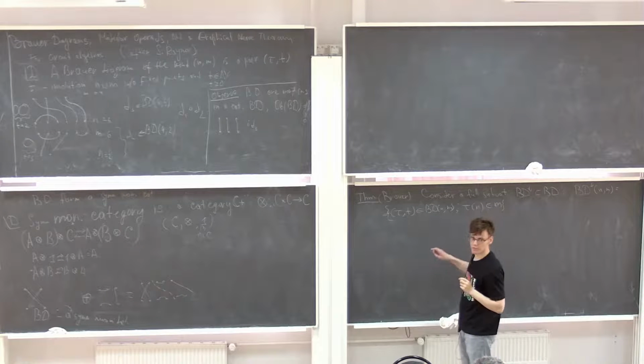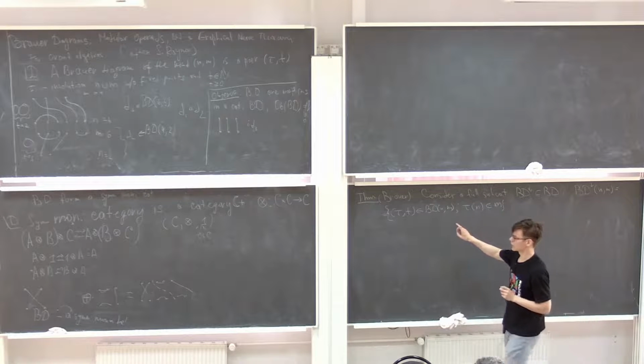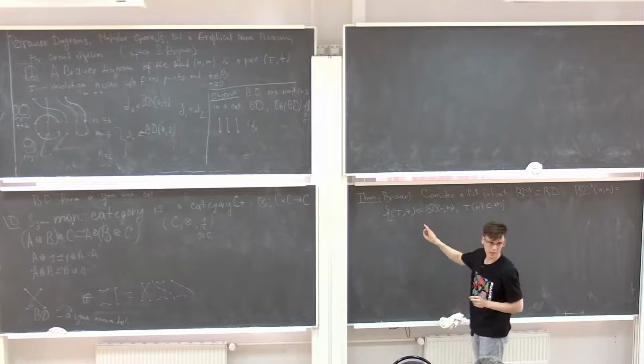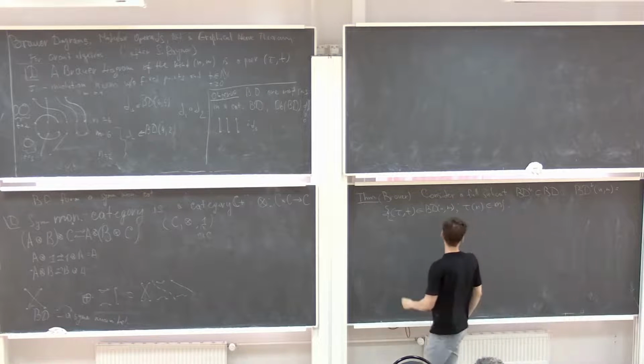This means that these are precisely the Brauer diagrams for which no 2 points in the upper row are connected to each other.